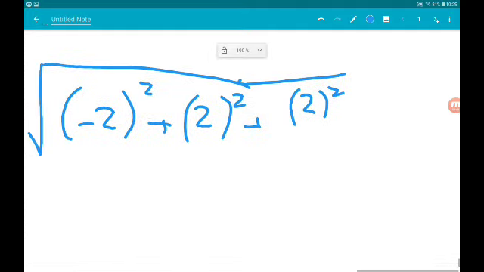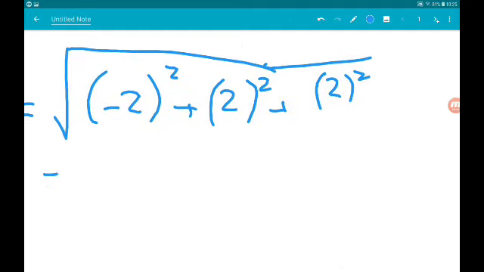So that is the square root of 4 add 4 add 4, which is 12. So the length BC is root 12.